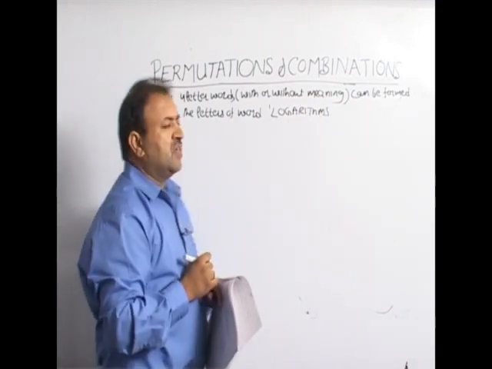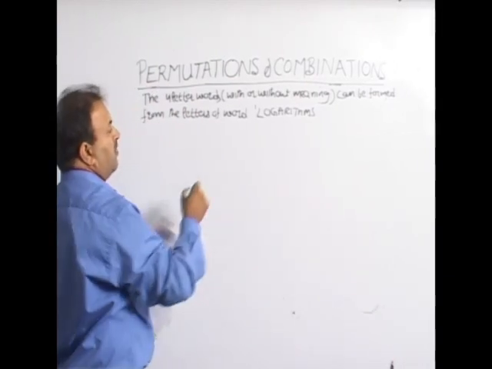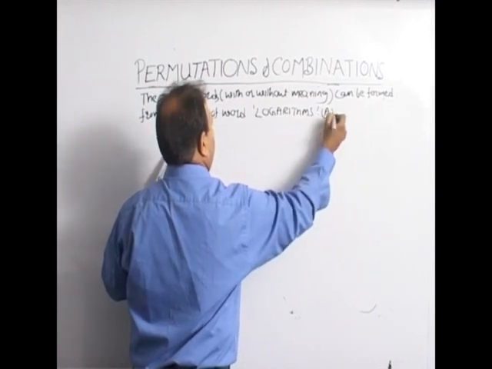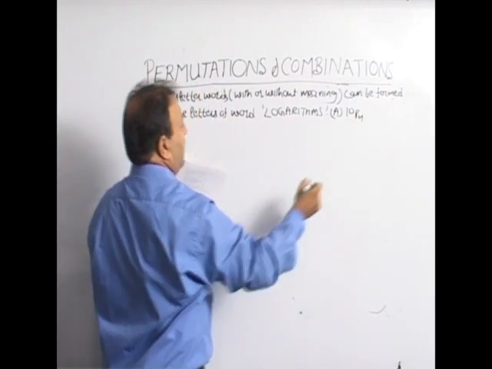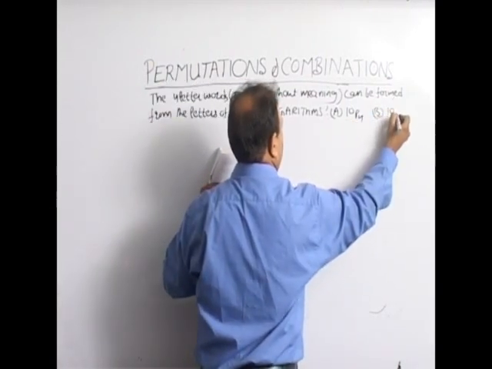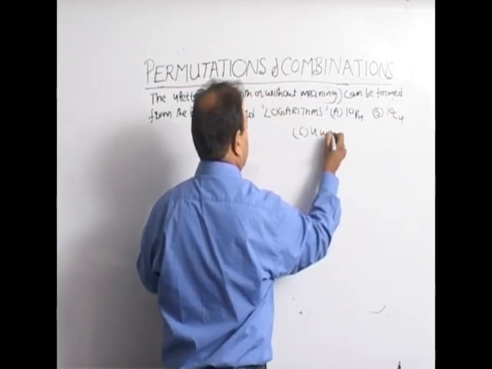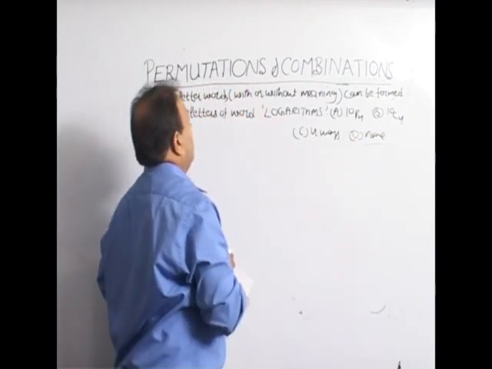Option A is given as 10P4. Option B is 10C4. Option C is 4 ways. Option D is none of these.